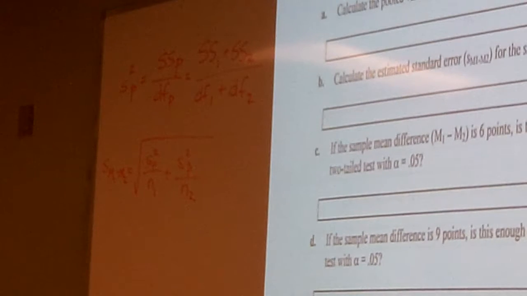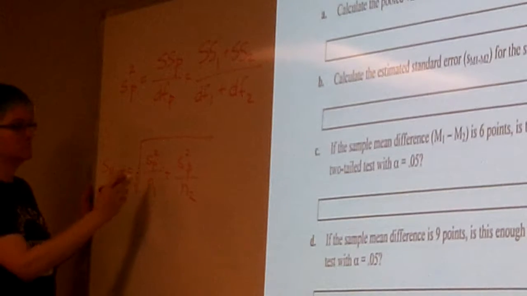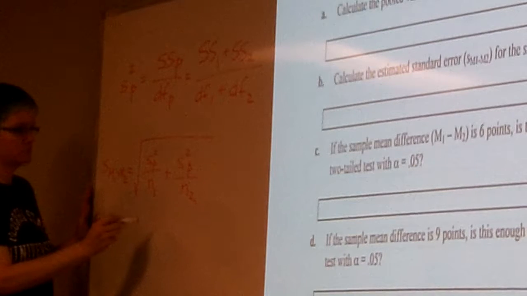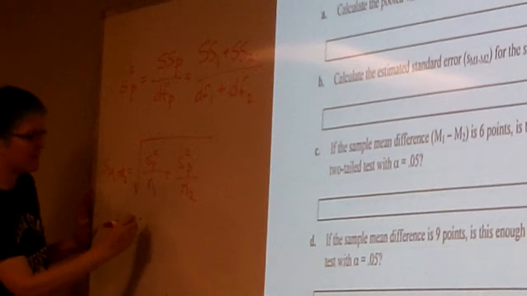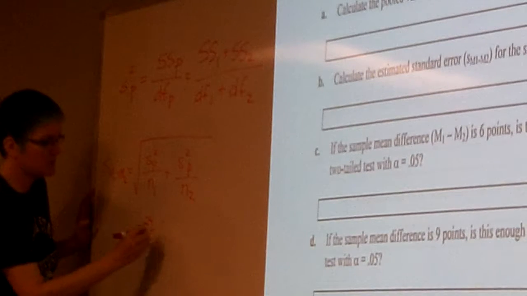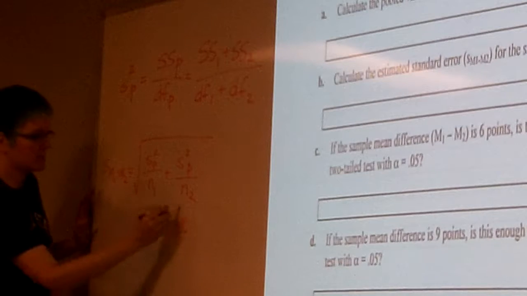Yeah? I got 3.46. Okay? So, I had 24 over 4 plus 24 over 8. So if we do that math, 24 over 4 plus 24 over 8, okay, we're doing the square root of that.